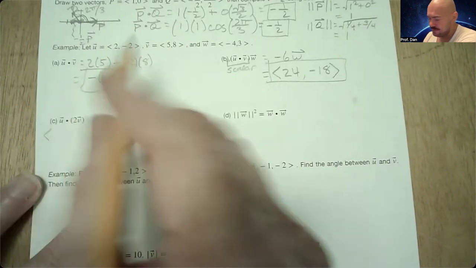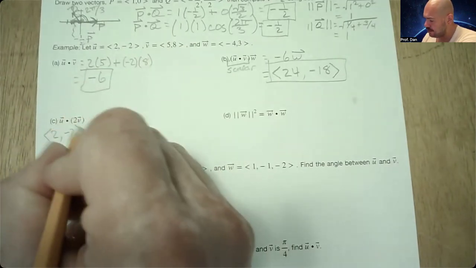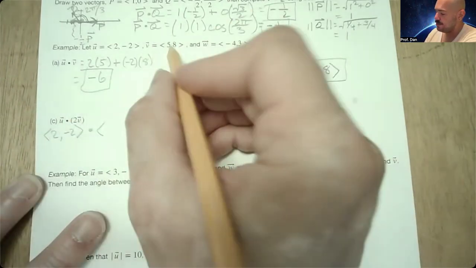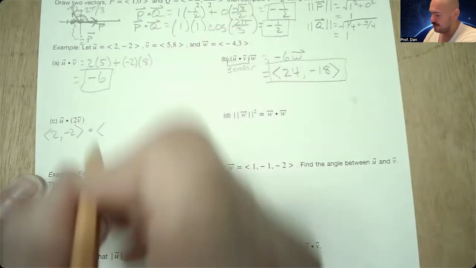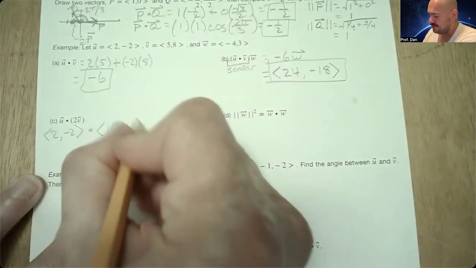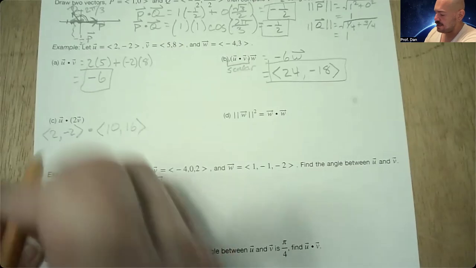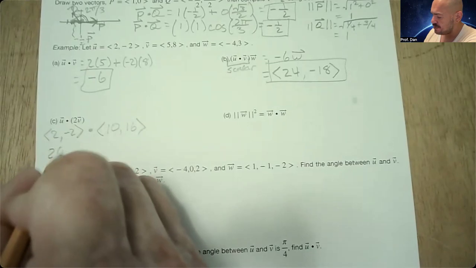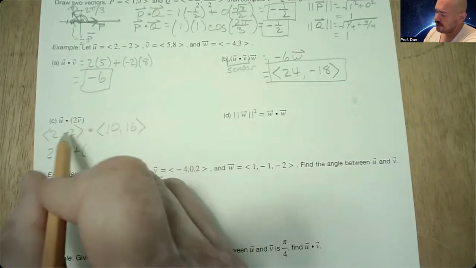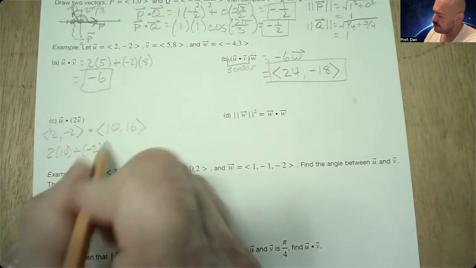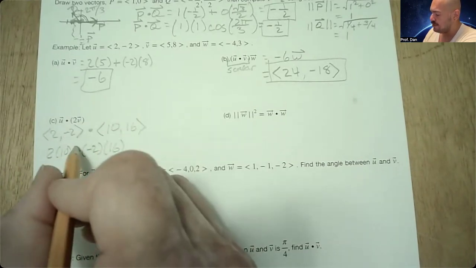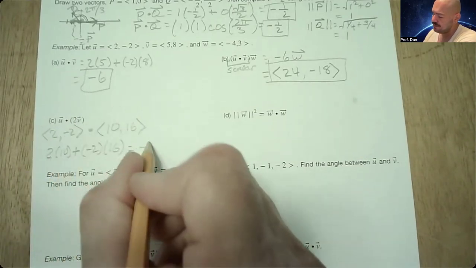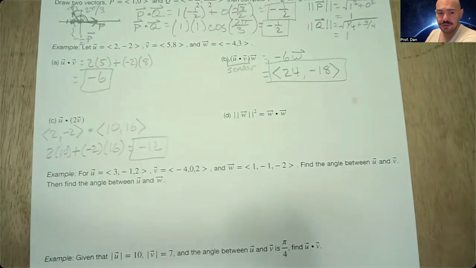So u has the component form 2, -2, dot, and then 2v is basically just going to double both components of v. So 10, 16. So to find that dot product, we multiply first times first. So 2 times 10. And second times second, -2 times 16. Combining everything together, we get -12.